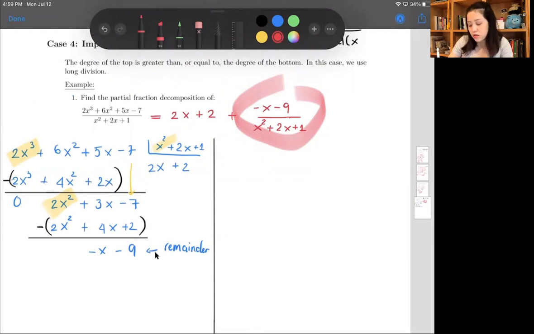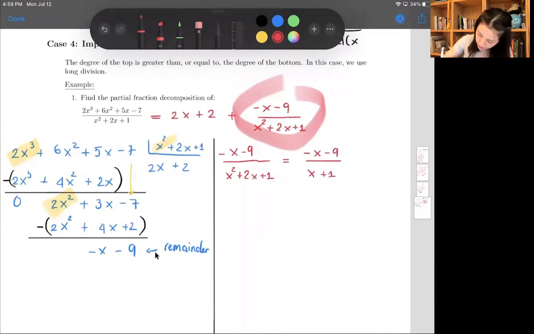So let's rewrite this: negative x minus 9 over x squared plus 2x plus 1. If you factor this, what do you have? x plus 1 times x plus 1, which is x plus 1 squared, right?